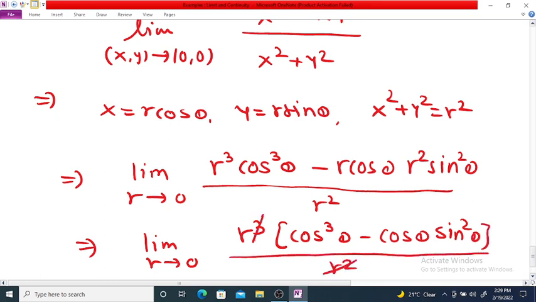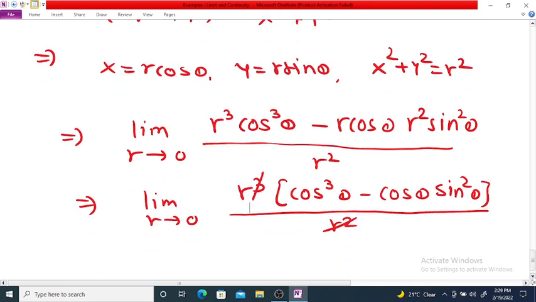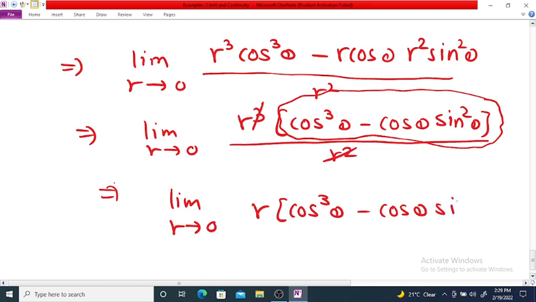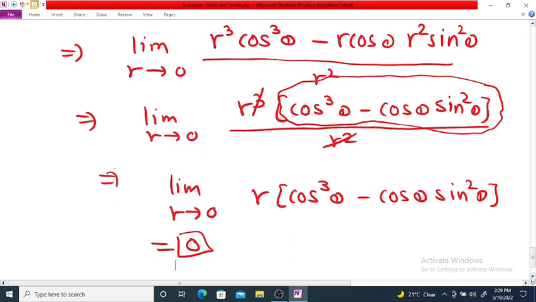So this r square gets cancelled, and since cos cube theta minus cos theta sin square theta is a bounded function, as r tends to 0 what is left is limit r tends to 0 of r times cos cube theta minus cos theta sin square theta, which is equal to 0. So the limit of this function is equal to 0, using polar coordinates.